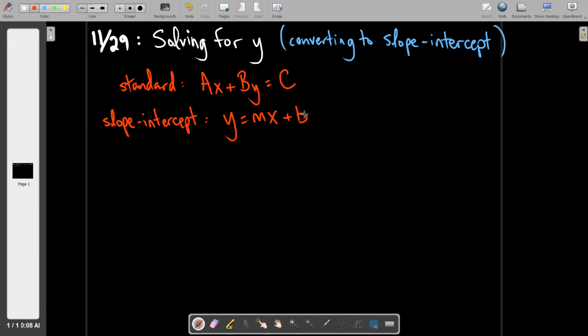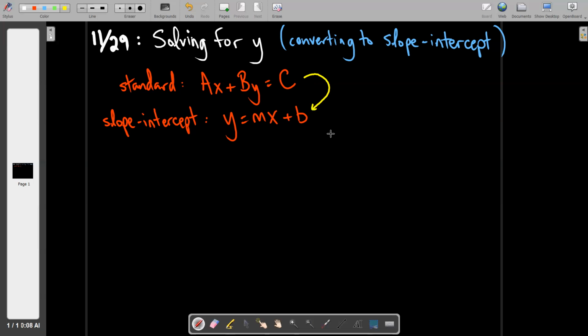So our mission for today, this shouldn't take all too long, I don't think. You've got great skills, so it's always nice when the skill base goes well. Like your first 14 weeks have gone so well that this shouldn't be a big deal because your skills are going to make this not be difficult for you. The goal for today is to take these types of equations in standard form and convert them into these types.